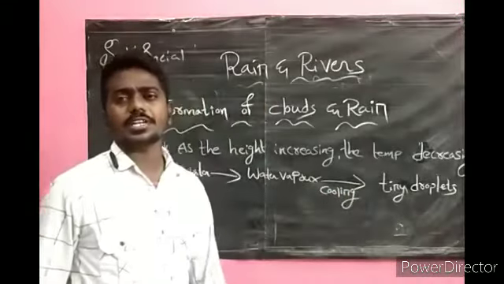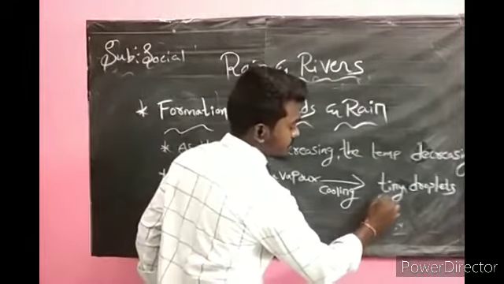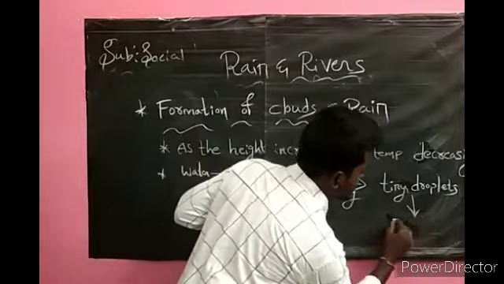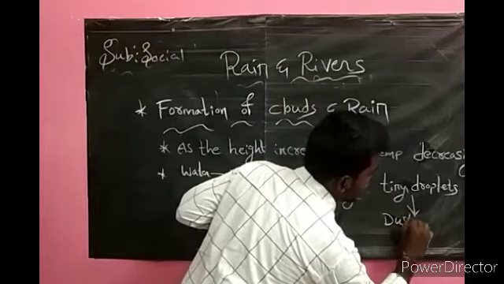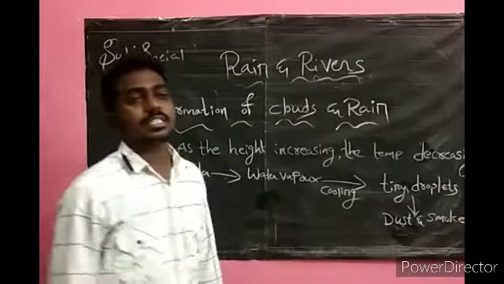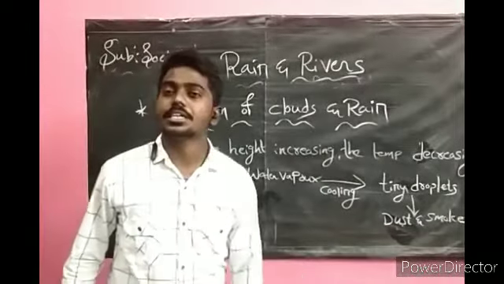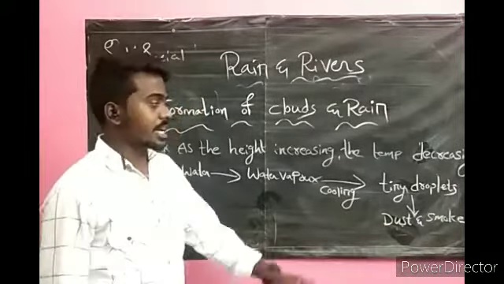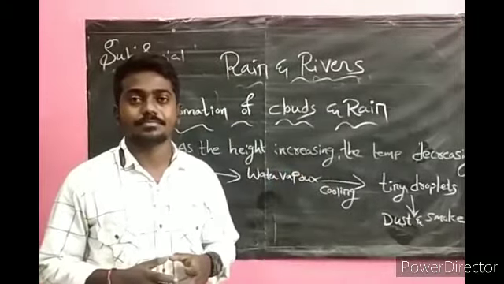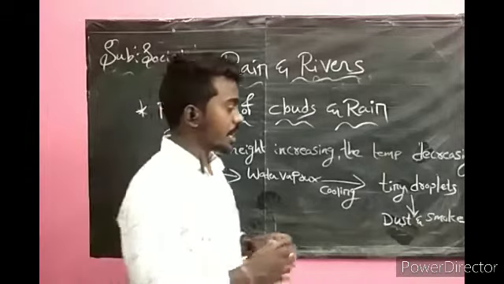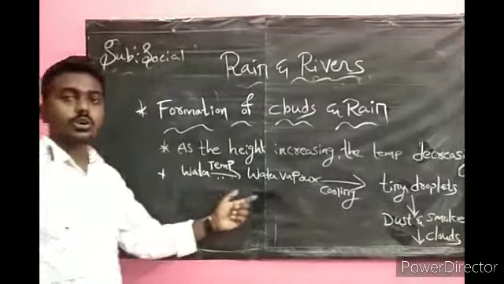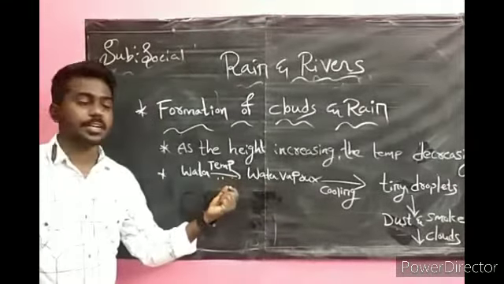The small droplets are mixed with dust and smoke which are present in the air. So the size of the tiny droplets are increasing and forming the clouds.